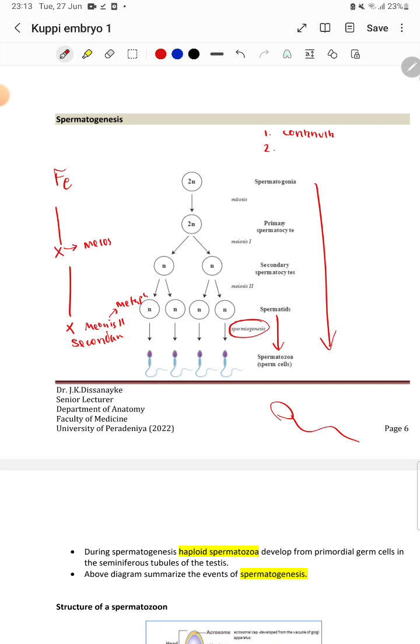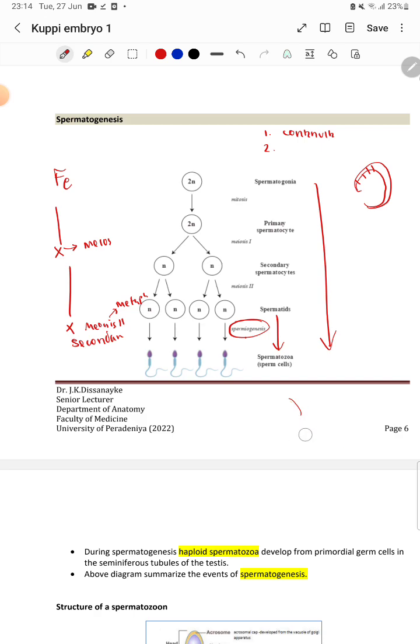Within the seminiferous tubules, that's actually the location where spermatogenesis occurs. Spermiogenesis, the walls of it. So anyways, this is a process where the development of the cell happens. So you have a difference in the cytoplasm, more of the cytoplasm is shed actually, and you have this special stuff, the tail, the mid-piece.